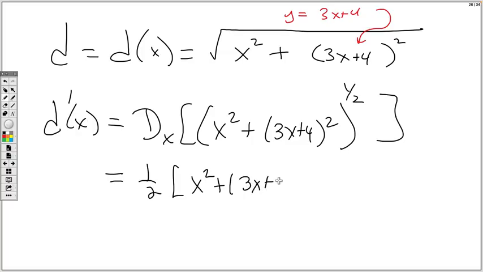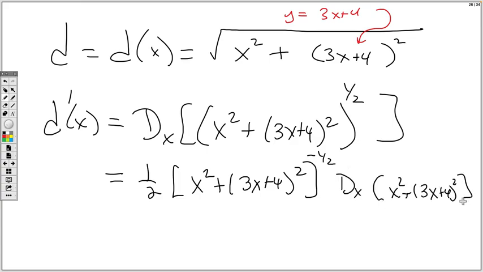That's 1/2 times the derivative of what's inside. So I got 1/2 times all of this.